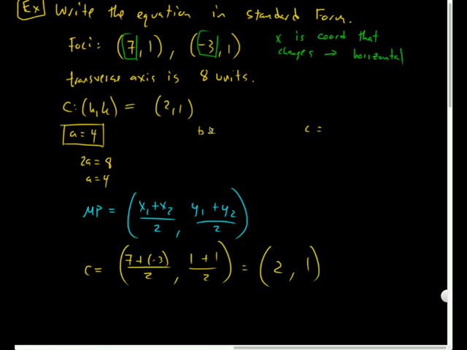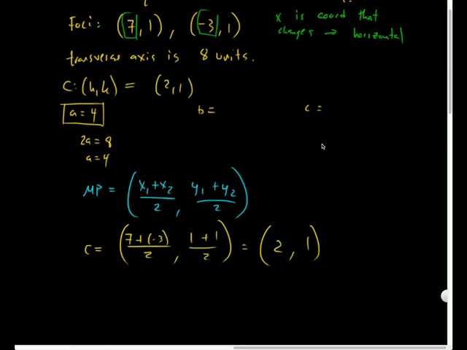I don't think I can find b yet. But the foci are helpful at finding c, right? Earlier I said that these points are going to be c units away from the center. So the next thing I'd be interested in is how far: little c will equal the distance from foci to center.